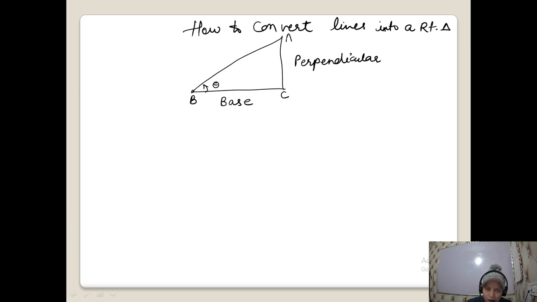Like this. This line, AB line, is known as line of sight, and theta is known as angle of elevation.